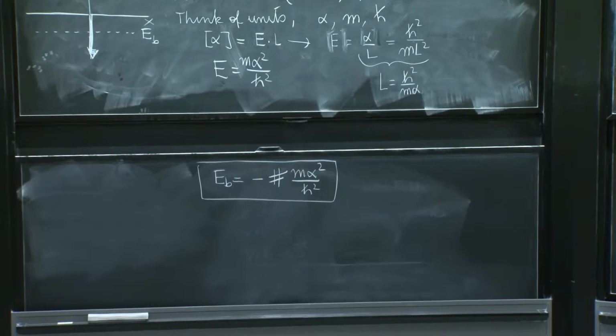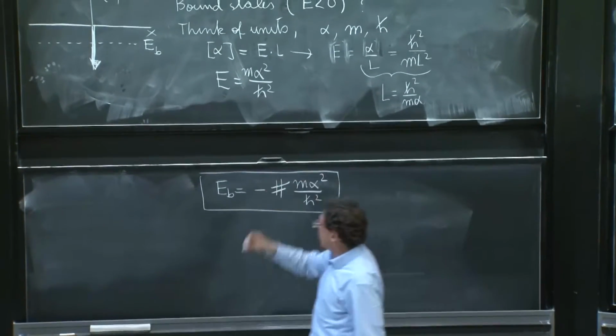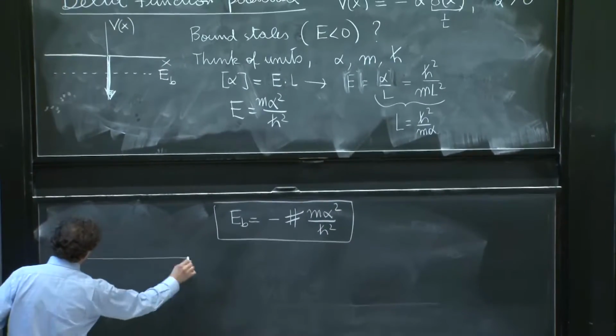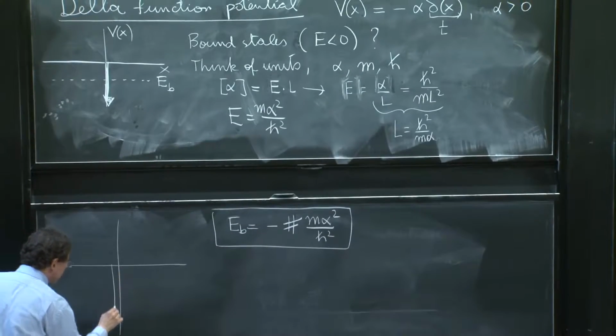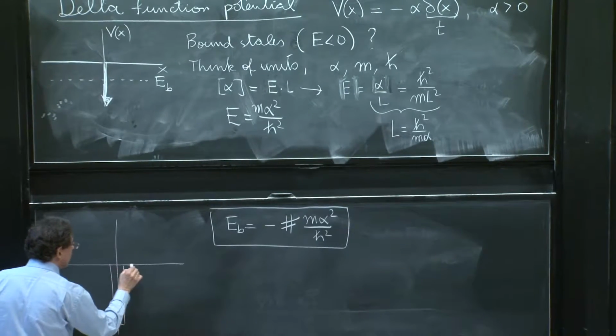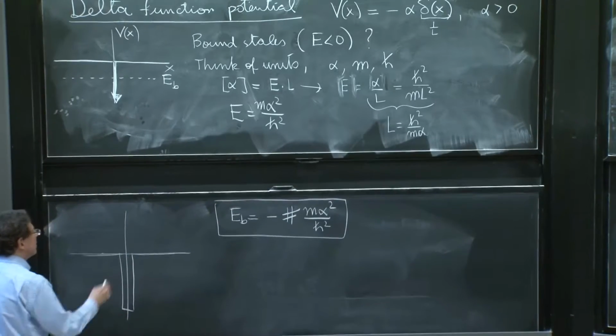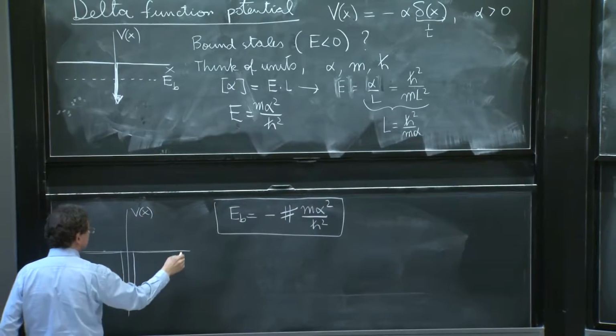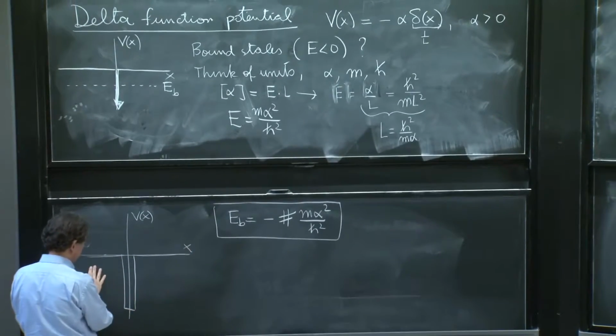The other thing we can do is to think of the regulated delta function. So we think of this as a potential that is of this form. So here is v of x, and here is x.